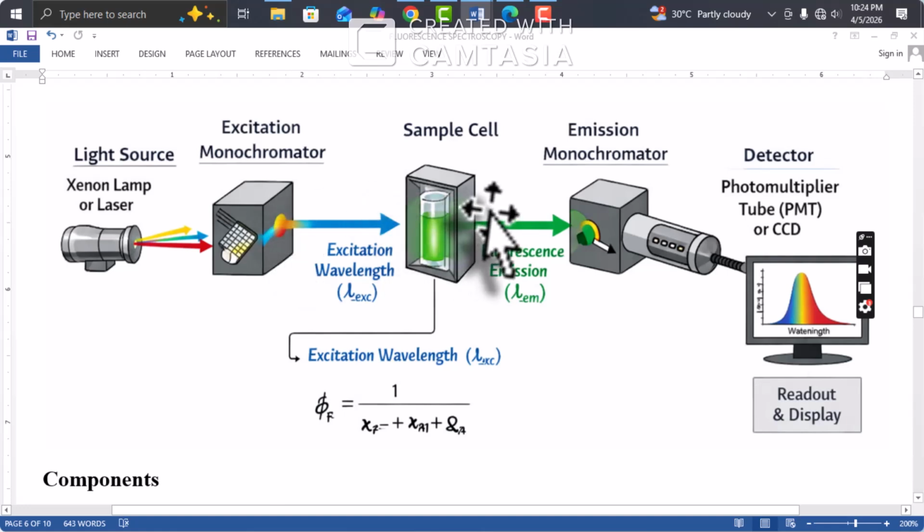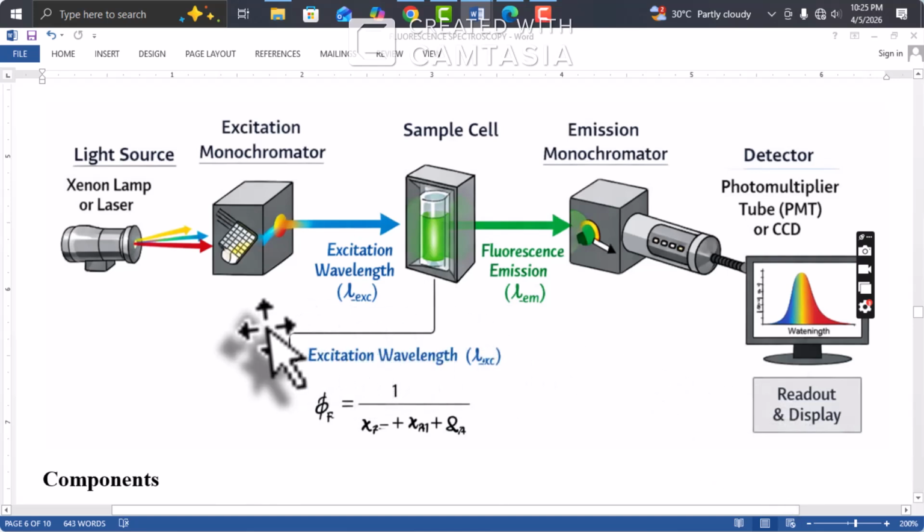So it excites the sample, and then after you have fluorescence emission, the emission is captured. You have the emission monochromator, and whatever data it gets is passed to the photomultiplier and then the readout.